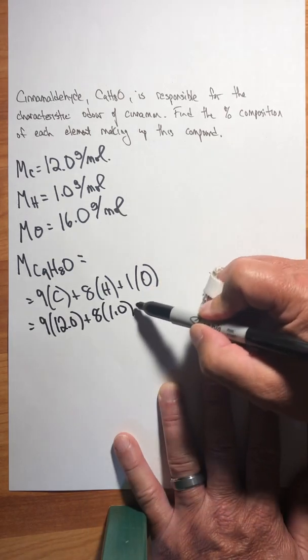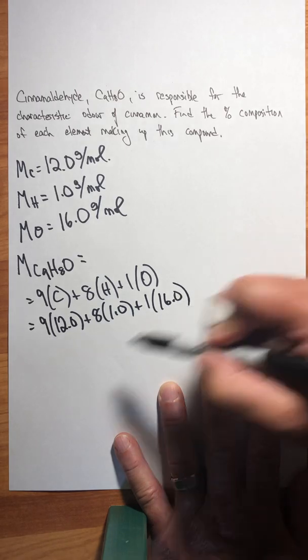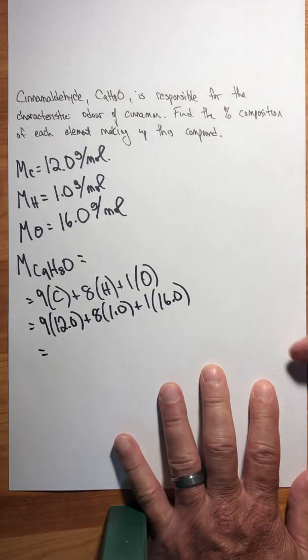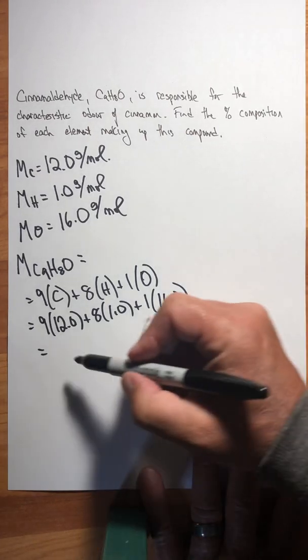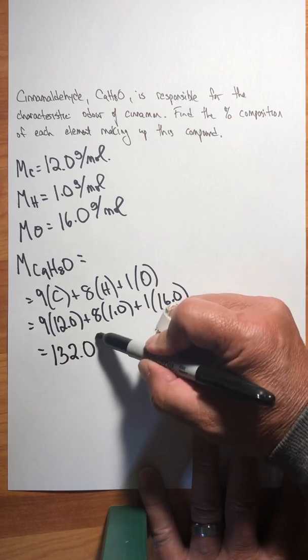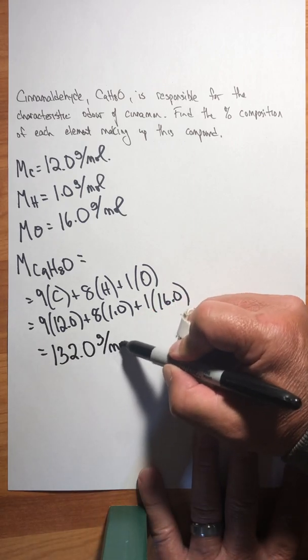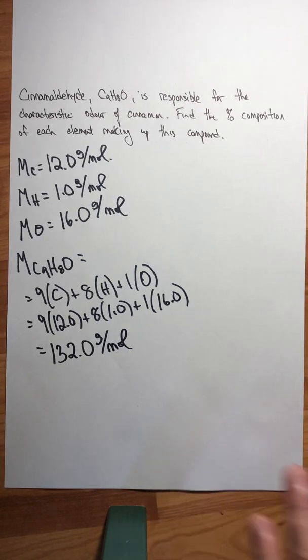And as I'm doing this, this is another example why molar mass is so critical. Because if you get the molar masses wrong on this, then obviously you're going to get this question wrong. So when you do the calculation, you're going to get 132.0 grams per mole for the molar mass of the compound.